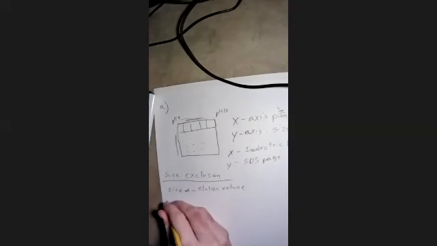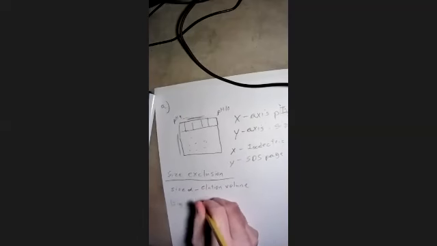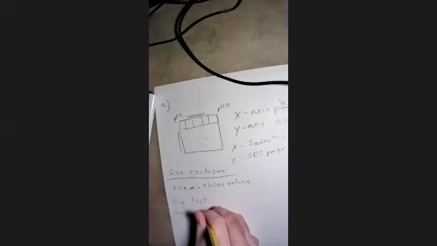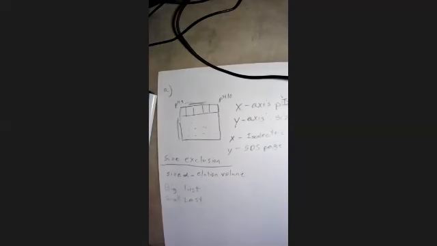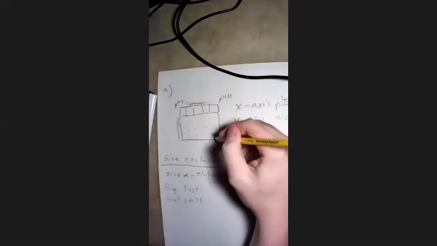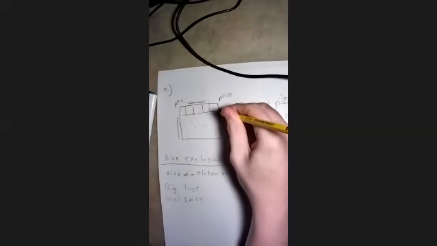Meaning big first, small last. And our biggest proteins in this SDS-PAGE are going to be the ones that didn't move very much, so they're the ones closest to the top.